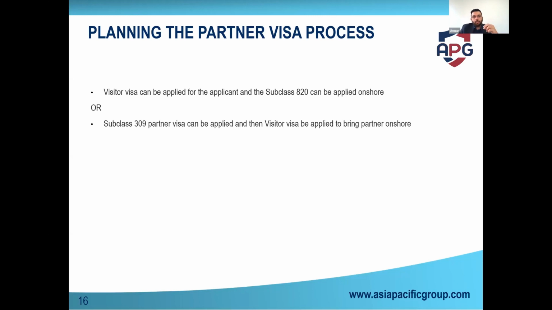Because what happens if you're applying offshore for a partner visa? Obviously, you know it's getting granted. When you apply for the visitor visa first and then come to Australia to apply, the problem is the visitor visa can be refused. Now, a lot of the time, if you're from a level 1 country, a low migration risk country, let's say France or Italy or UK, you know your visitor visa will be granted, like 99.9% sure.